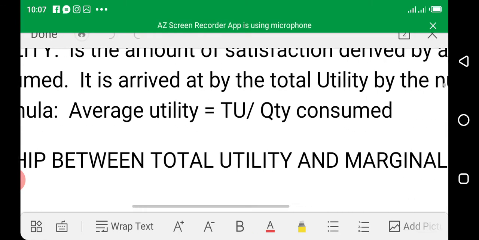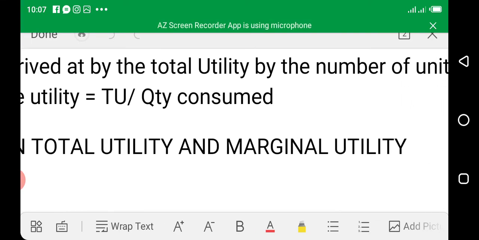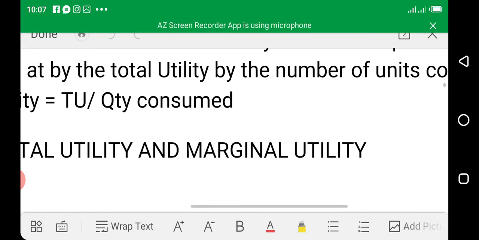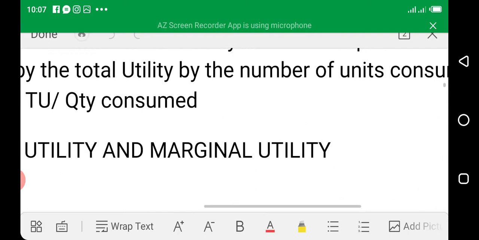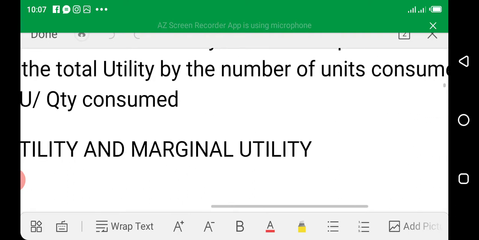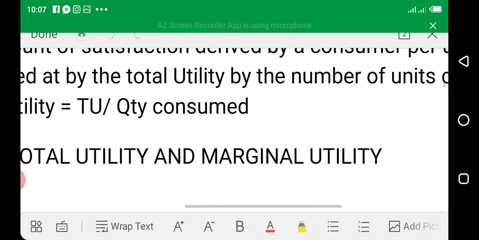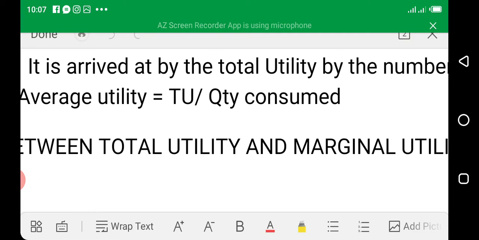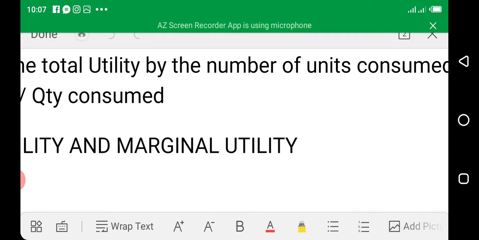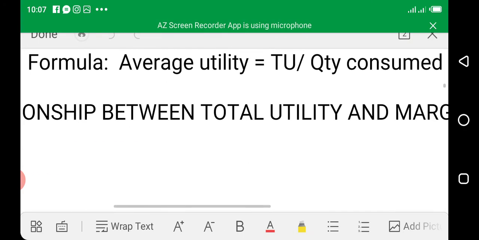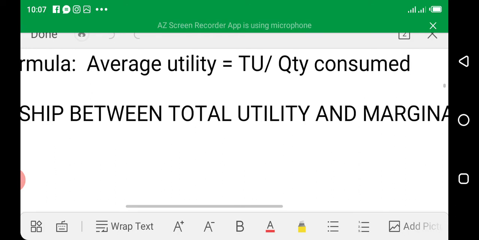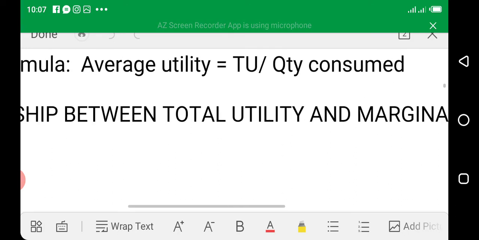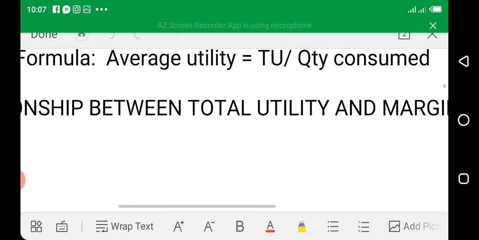It is arrived at by dividing total utility by the number of units consumed of a commodity. Then the formula is average utility equals total utility, which is TU, divided by quantity consumed.